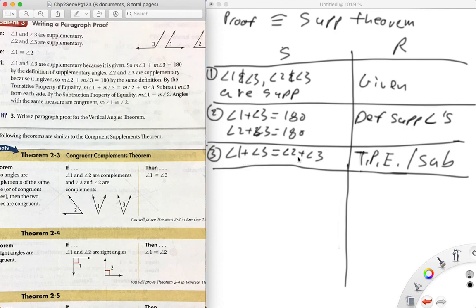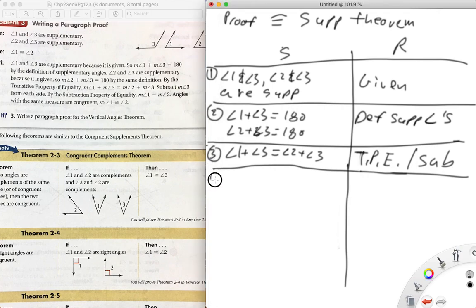Again, notice that they both share angle 3. They both share angle 3. So then I can say that angle 1 is equal to angle 2. Subtraction property of equality.